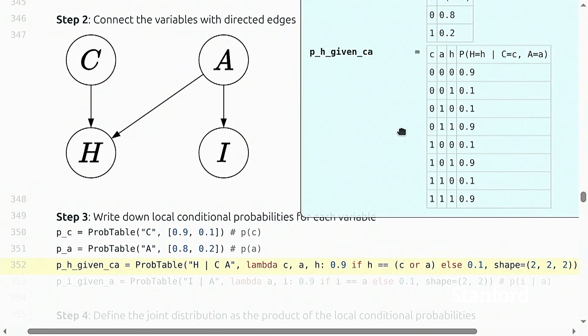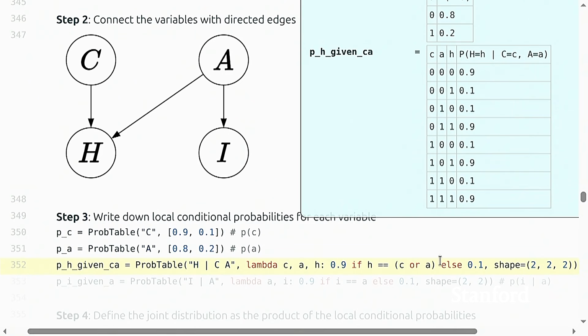So this is a local conditional distribution where I'm conditioning on C and A, and I want to know the probability of H. So here, I've written down this function as, well, if H matches C or A, then that's going to happen with probability 0.9 and otherwise with probability 0.1.